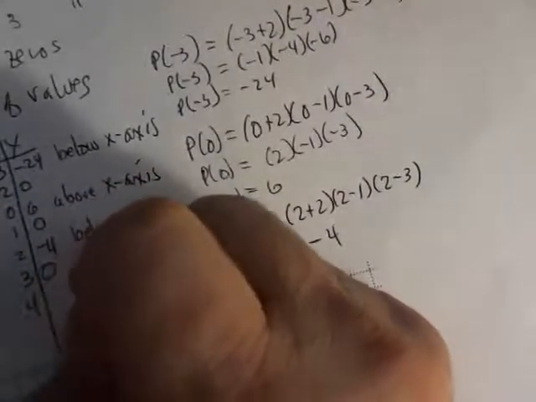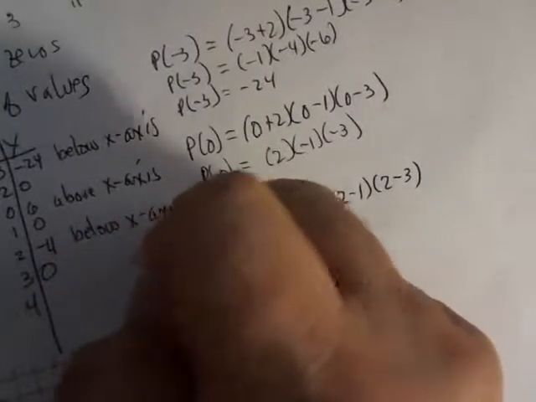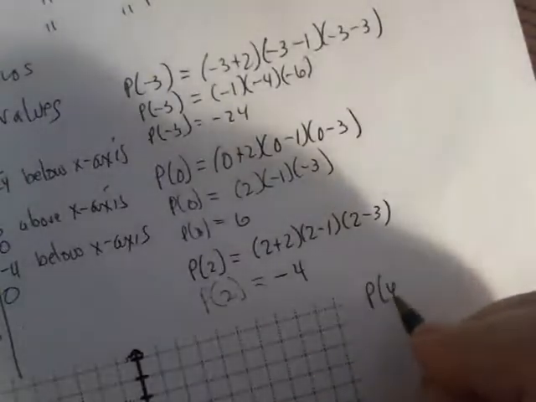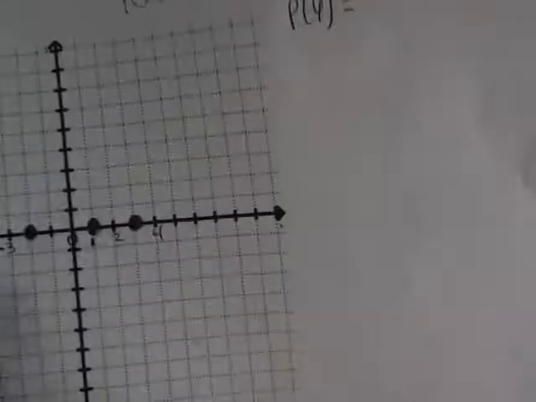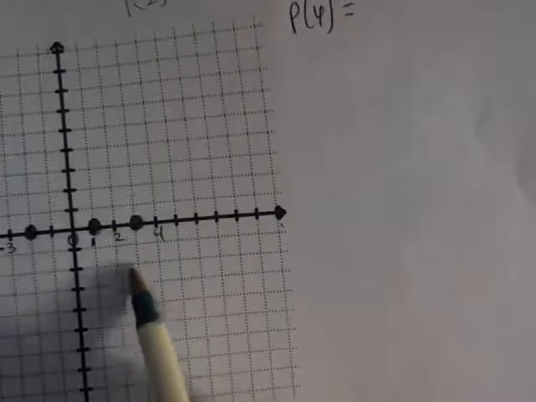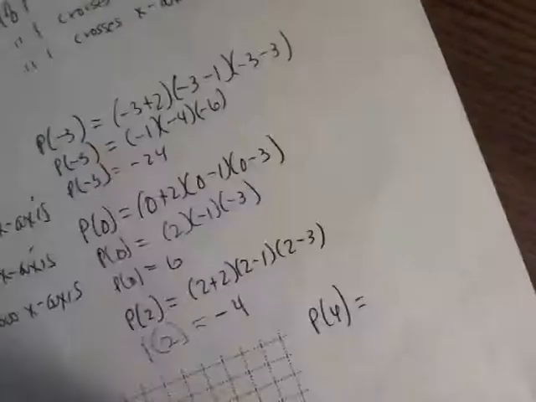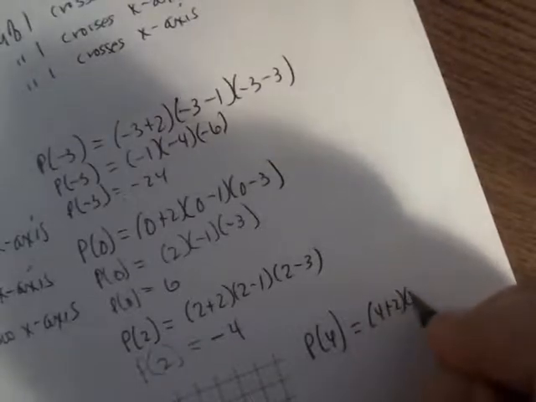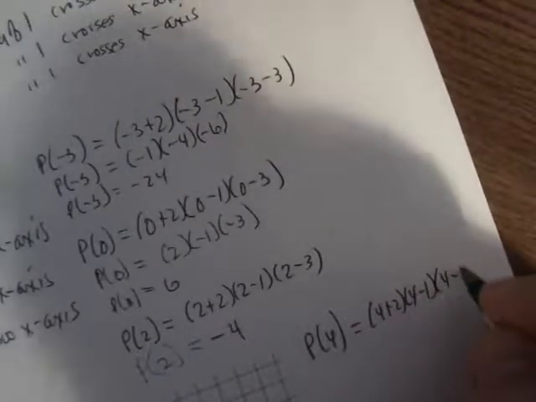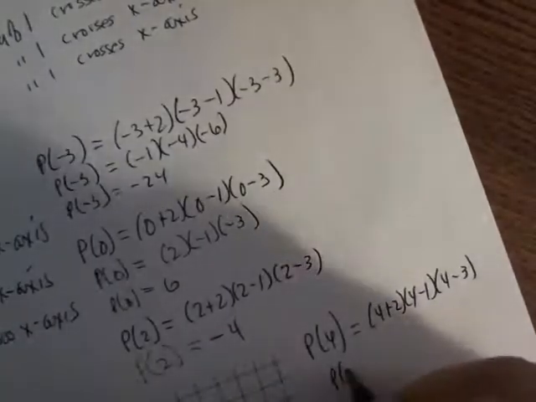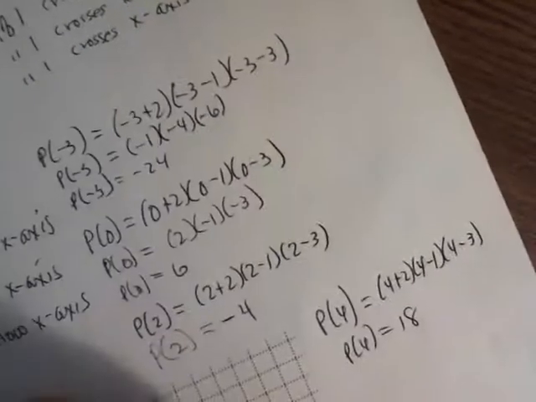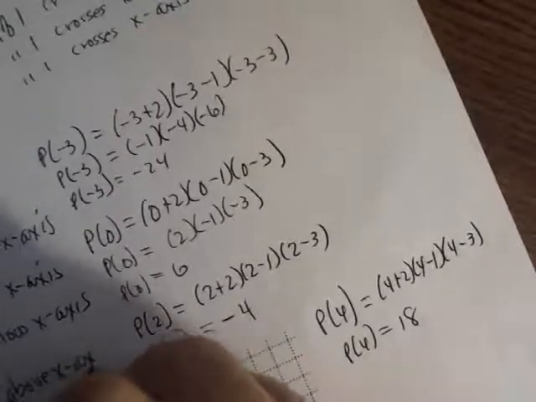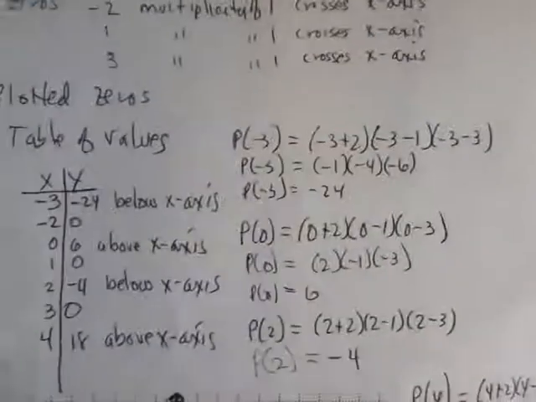And this is below my x-axis like I thought. And then lastly, when x is 4, again, knowing that it crosses here, it should be above the x-axis. So y should be positive here. And if I do 4 plus 2 times 4 minus 1 times 4 minus 3, I get 18. And 18 is above the x-axis.